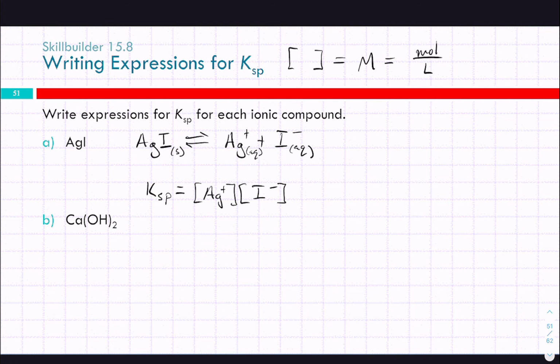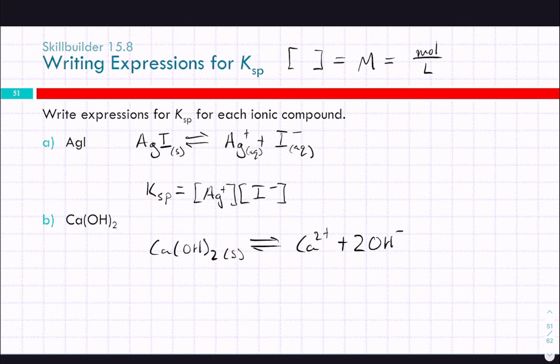For calcium hydroxide, we'll write out this expression. What would be the products of calcium hydroxide dissolving? Yep, calcium, Ca2+, plus what? OH-, but we have two of them, right?